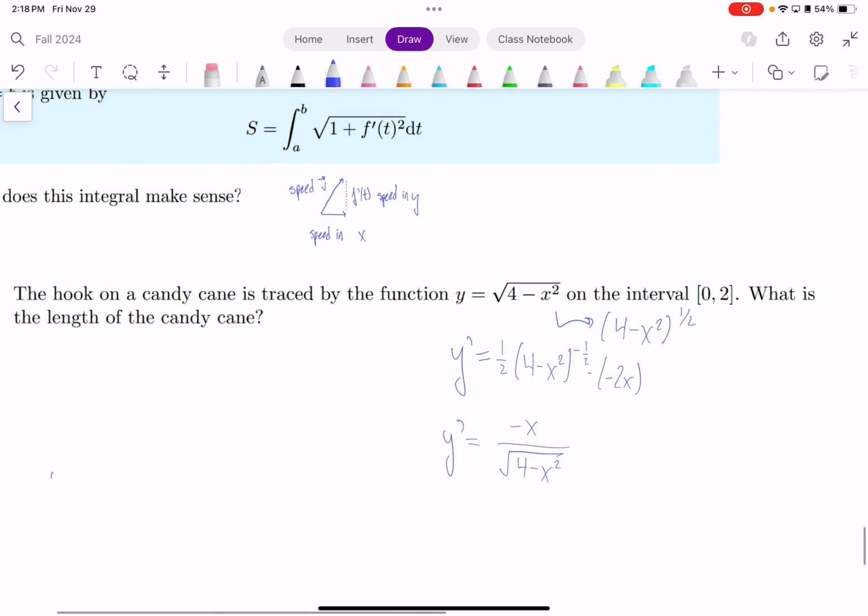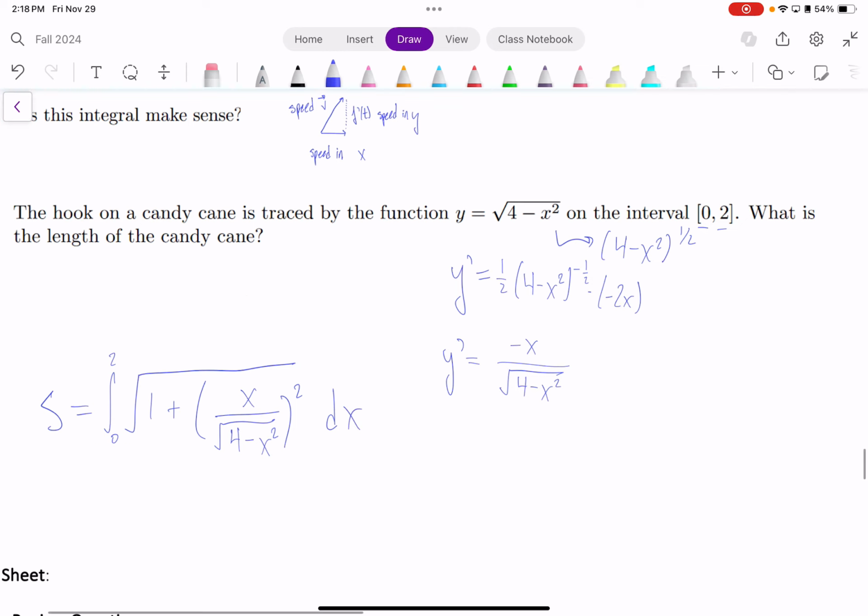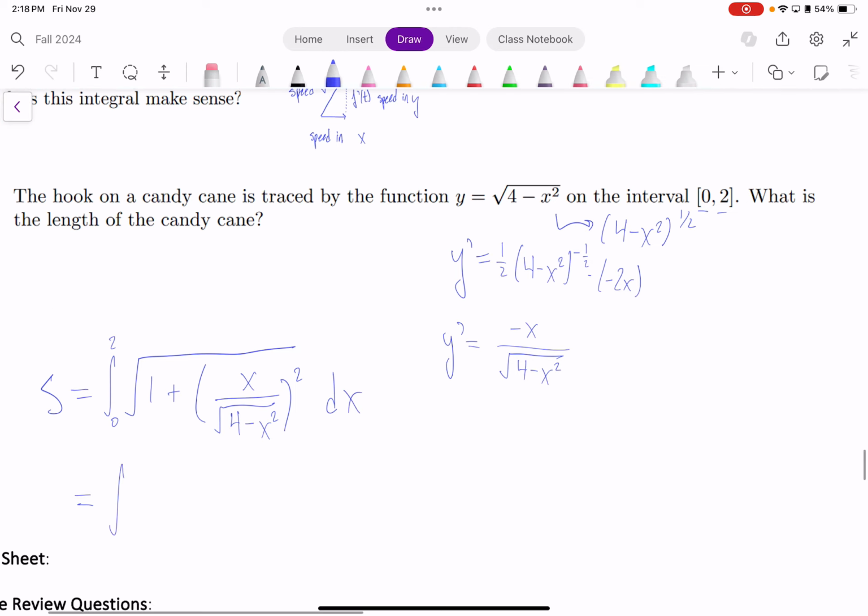Then in order to find s, we need to compute the integral from a is 0 and b is 2 of the root of 1 plus the square of that, dx. So if we integrate this, I'm just going to rewrite it a little bit cleaner.